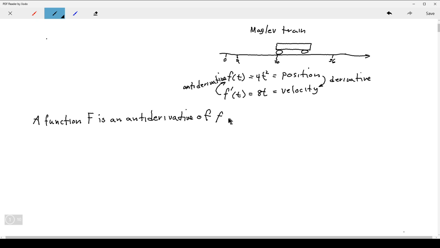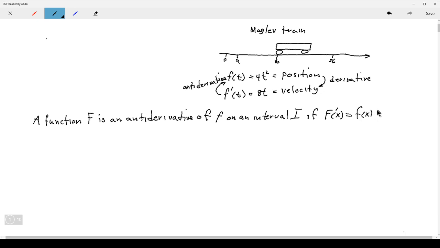All right, so a function capital F is an antiderivative of lowercase f on an interval, I would call that interval I, if when I take the derivative of capital F, I get lowercase f.